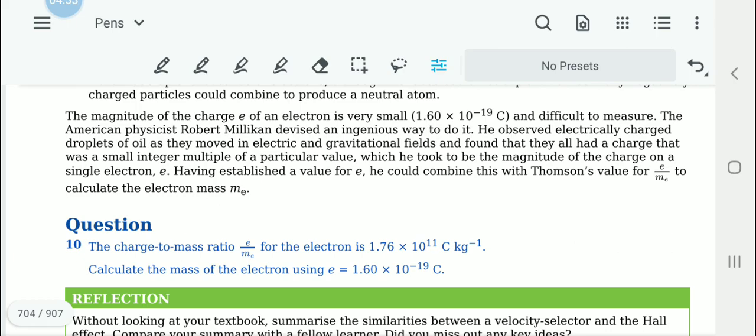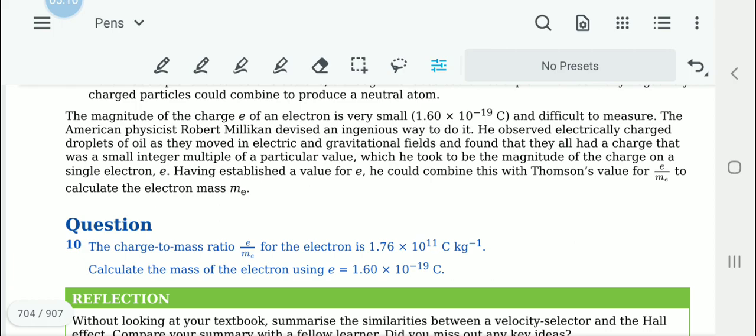Now, he observed electrically charged drops of oil, and he realized that all of these charges were an integer multiple of a single value. So then he combined this with e upon m_e and found out the mass of the electron.